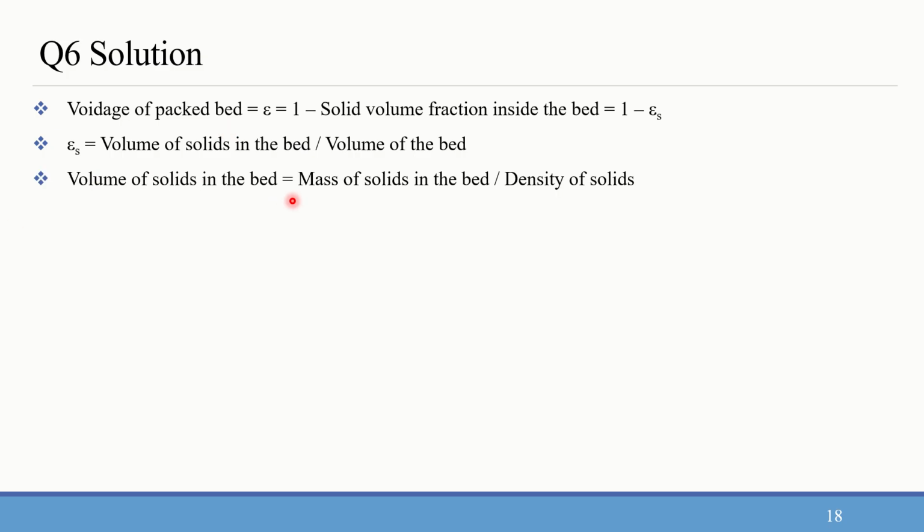And volume of solids inside the bed, how do we calculate? Mass is equal to density into volume, and volume is equal to mass by density, not mass into density, I'm sorry. So it is mass by density.